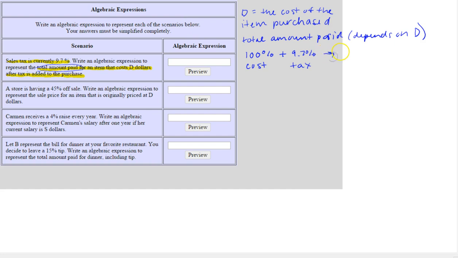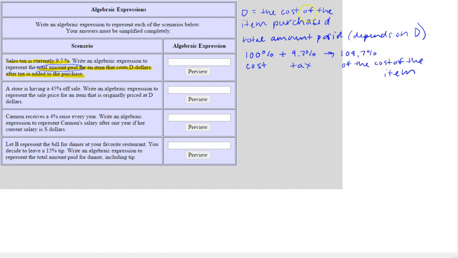So you're going to pay a total of, I'm just going to add these, 109.7% of the cost of the item. Okay, so you pay for the item, which is 100%. You pay for the tax, which is 9.7% of the cost of the item. So that's a total of 109.7% of the cost of the item.